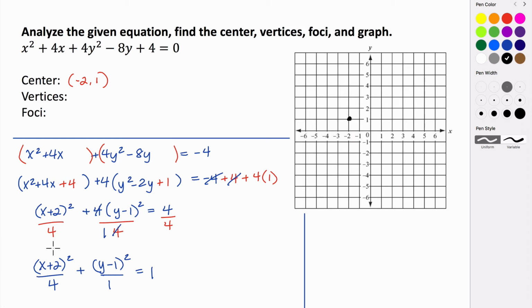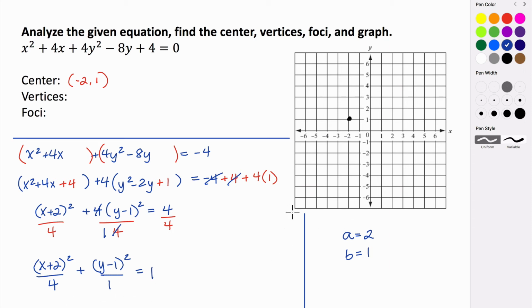The major axis is going to be parallel to the x-axis because the larger denominator is under our x quantity being squared. So a is going to be the square root of this, so a is 2. b is the square root of our smaller denominator, so the square root of 1 is just 1.